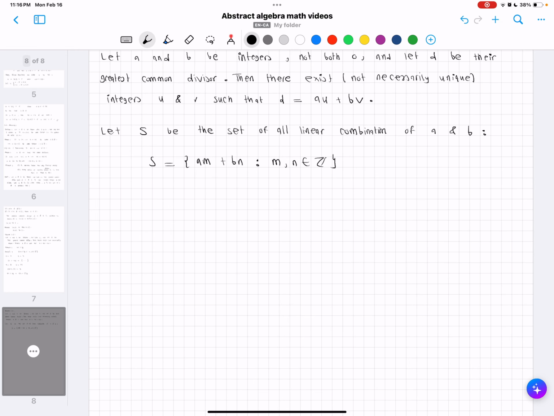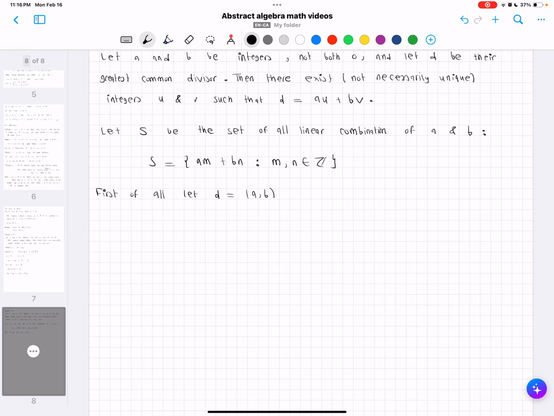So first of all, we notice the following. Let d be the GCD of a and b.